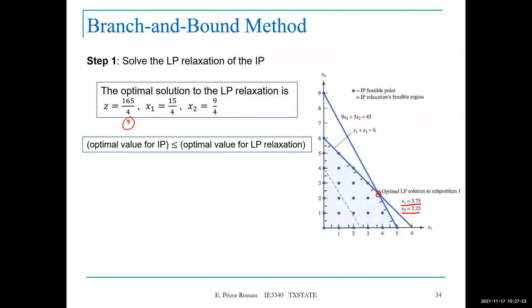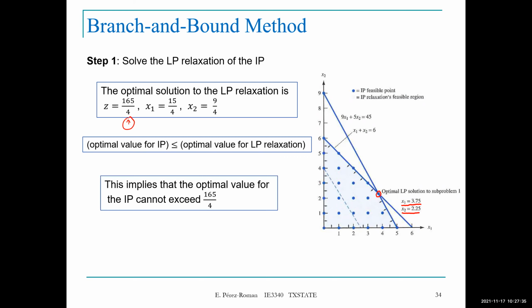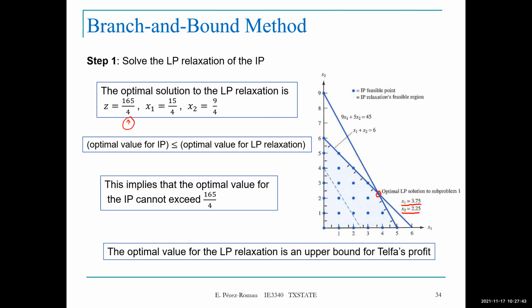So you know that you have an upper bound on how far you can go in terms of your optimal solution. This implies that the optimal value for the IP cannot exceed this Z value. The optimal value for the LP relaxation is an upper bound for the company's profit.